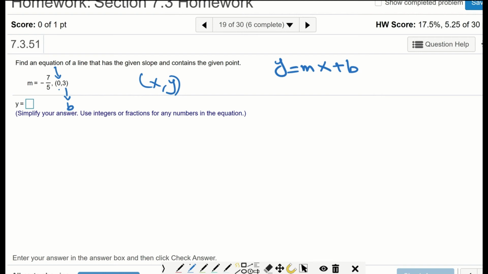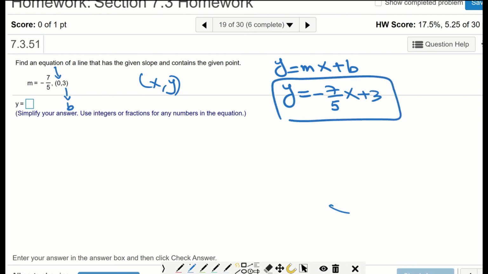We'll find out how to deal with those later. So now we're ready. So we have m equals -7/5. So you just get -7/5 x plus b. What's b? 3. So there is your equation. Okay? That's all there is to those.